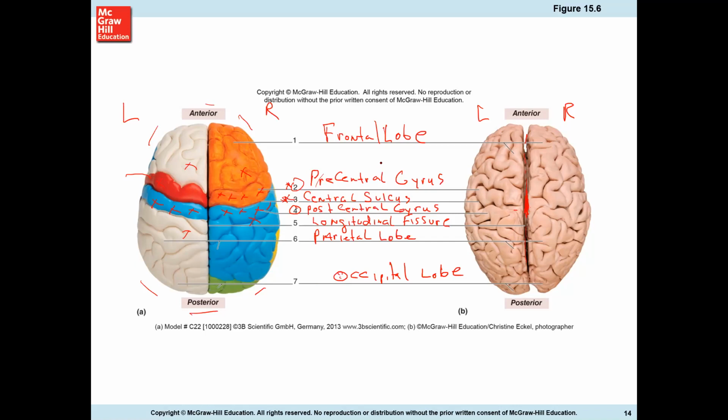So the precentral gyrus is your primary, not association, primary somatic, which means like skeletal muscle control, motor area. So when I think about moving my pen, and I'm right-handed, I'm using my left precentral gyrus to start that action potential, because it's all about somatic motor, moving my fingers.